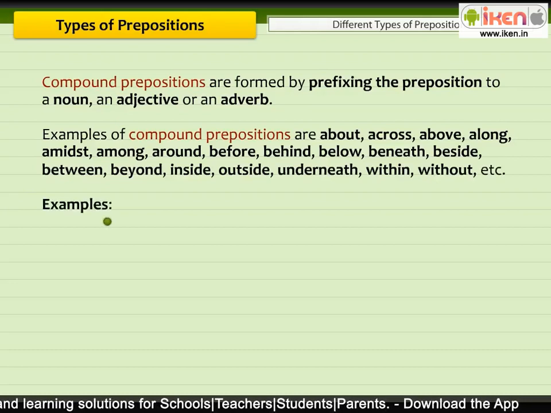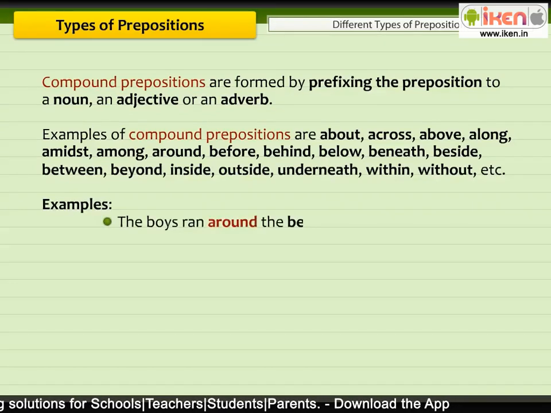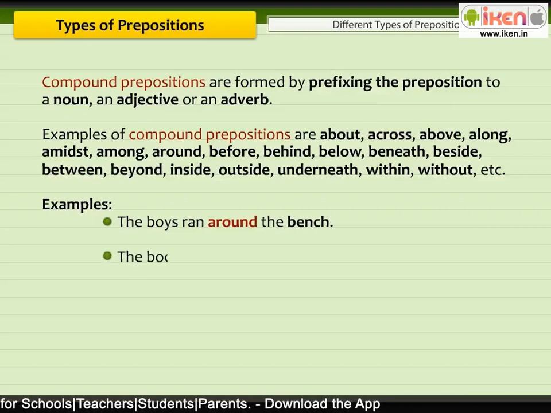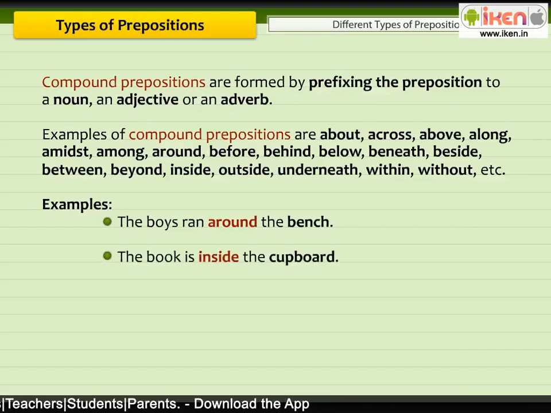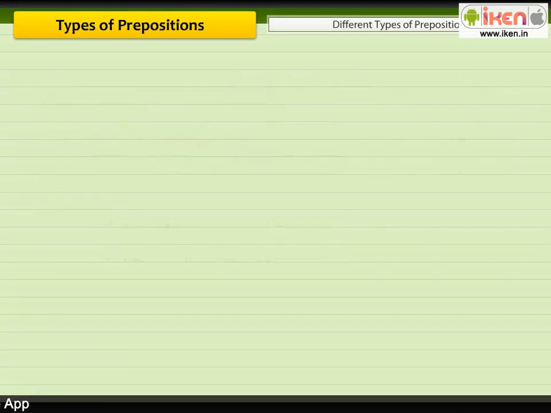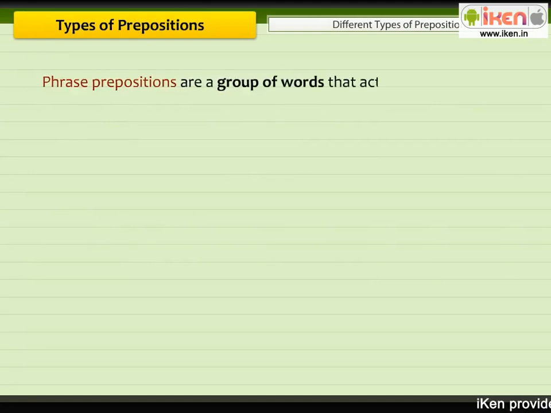For examples, the boys ran around the bench. The book is inside the cupboard. In both of these sentences, the preposition is prefixed to a noun. Phrase prepositions are a group of words that act as a single preposition.